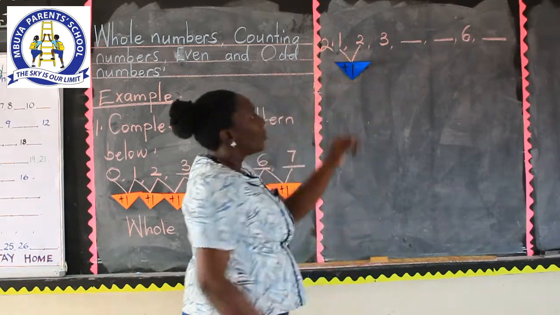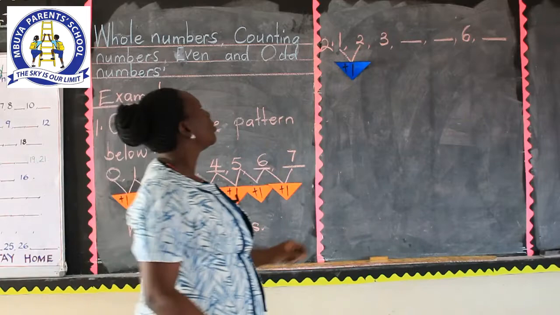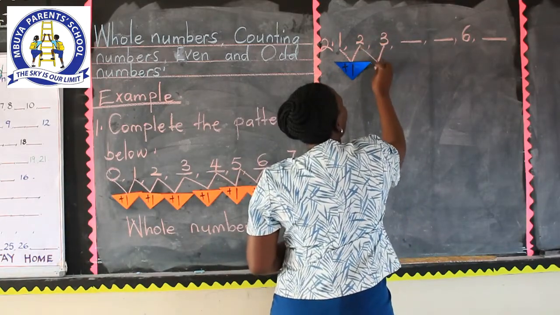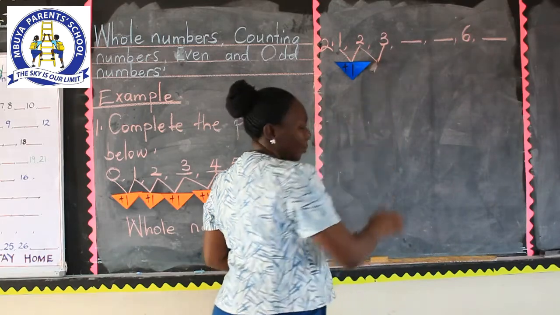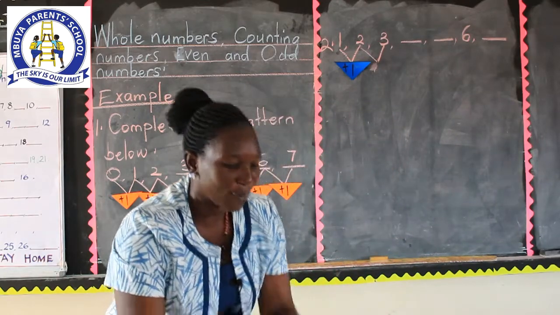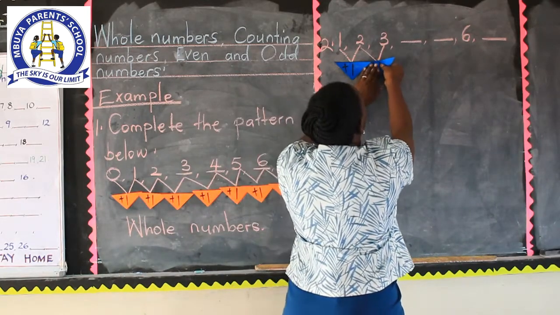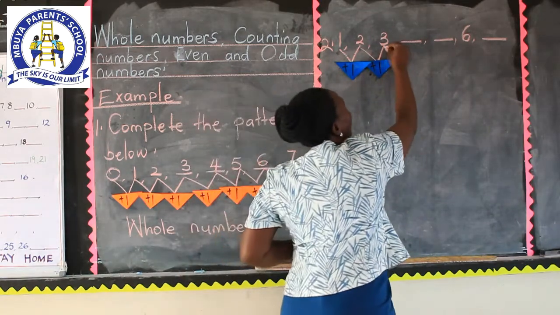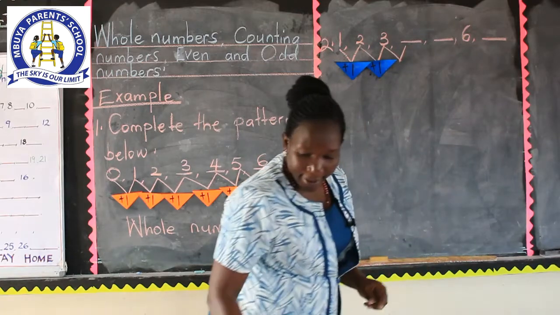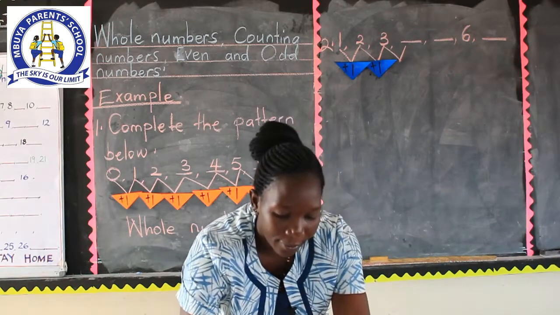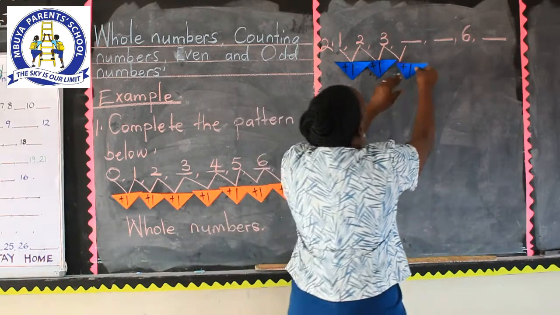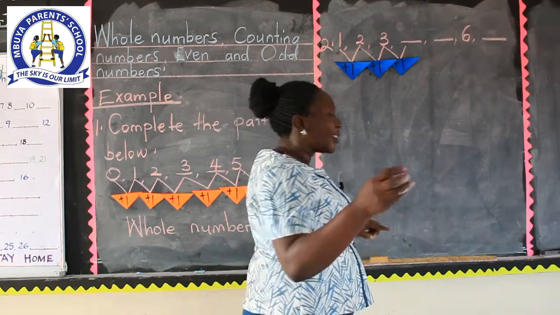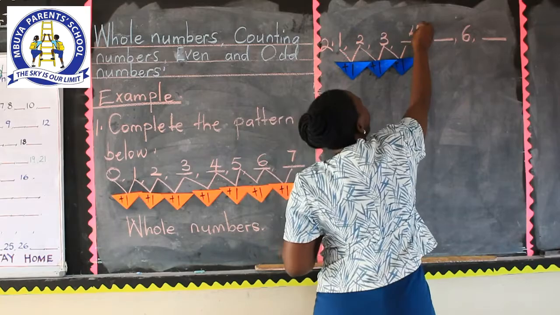I said plus 1 to come to 2. What did I do to come to 3? I said plus 1 came to 3. Still I'll have plus 1. 3 plus 1. Somebody will say it is 4.